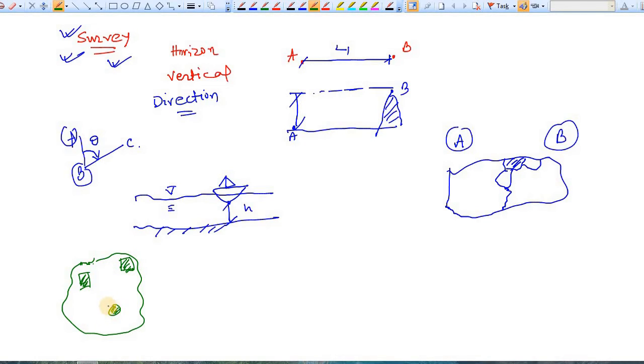Now you have to maintain a particular distance from this residential building to the chimney or the factory to the chimney. How can you make sure that the distance are maintained inside? Of course, for that you have to measure this distance, and whenever you are measuring something, whether it is horizontal distance or vertical distance or direction, you are doing the surveying process.